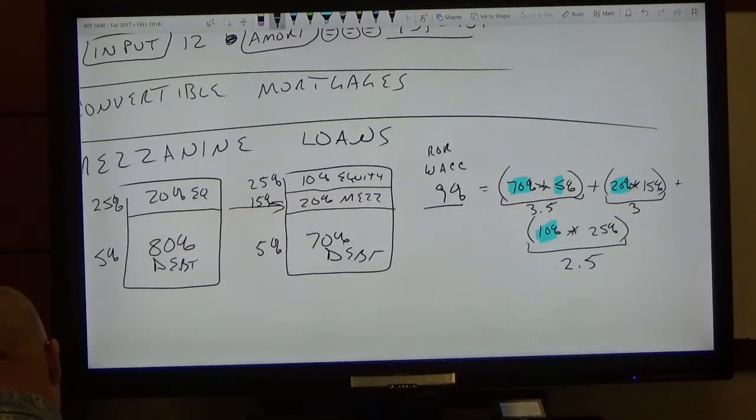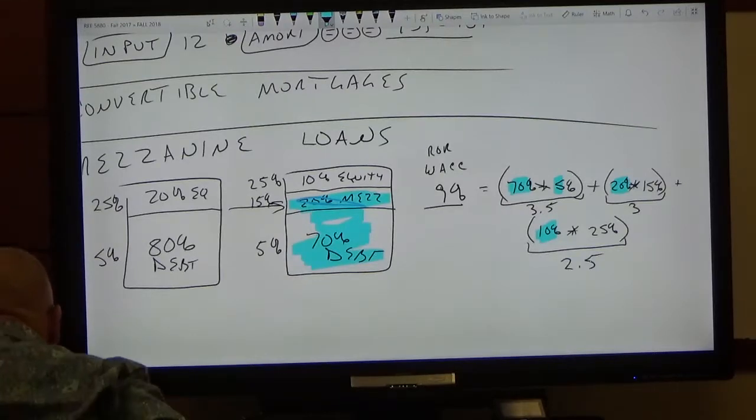Now, if I just were to ask you to tell me what the cost of the debt and the mezz piece is, then that would only be these two, only.